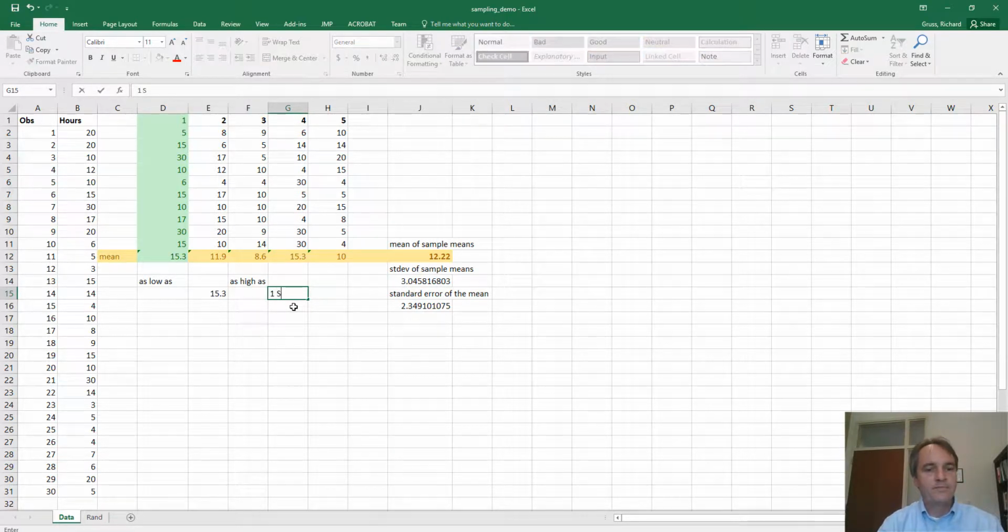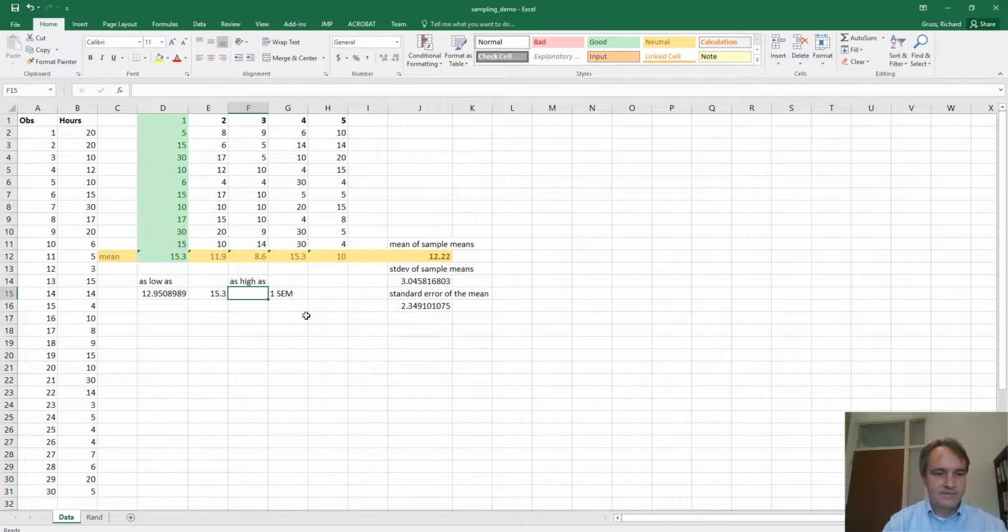So we'll do 1 standard error of the mean. Okay, so we'll say this is going to be equal to this minus one of these, or as high as this plus one of these. Okay, so this is our confidence interval right here.